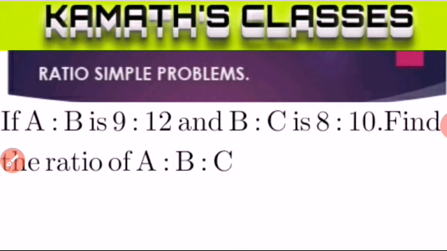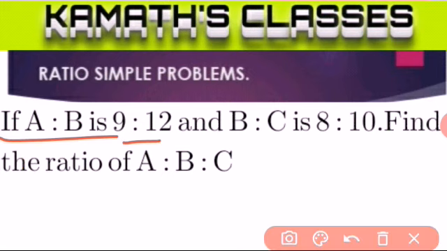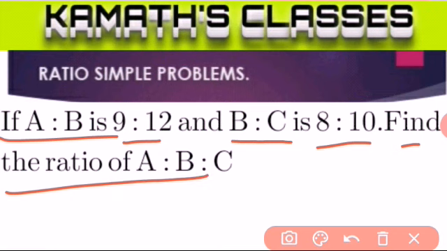Next, the second problem. If A is to B equals 9:12, and B is to C equals 8:10, find the ratio A is to B is to C. You have two separate ratios, 9:12 and 8:10.